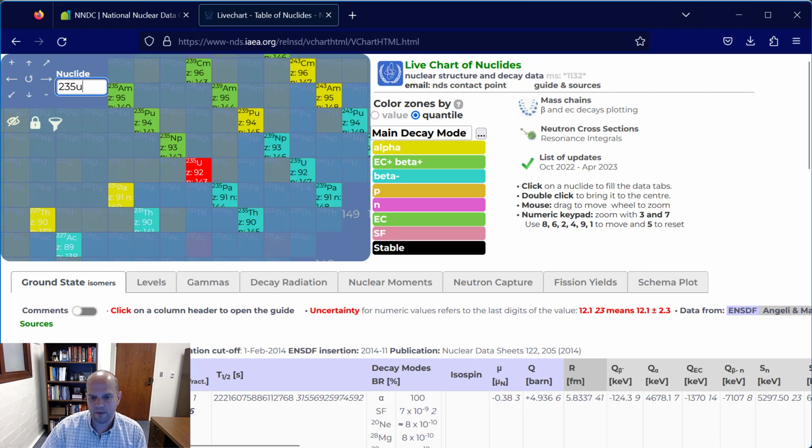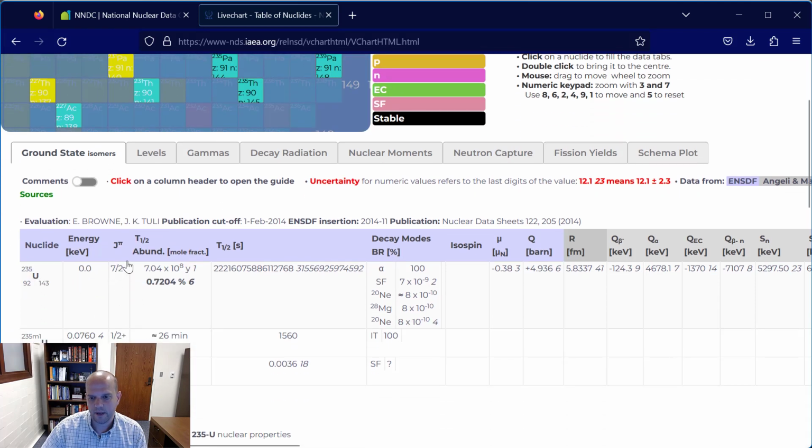I can see the same information down here in this table. I've got alpha, and this is the branching ratio. So sometimes there's a very small chance, 7 times 10 to the minus 9 chance, that I go through spontaneous fission, that this U-235 just spontaneously undergoes fission.